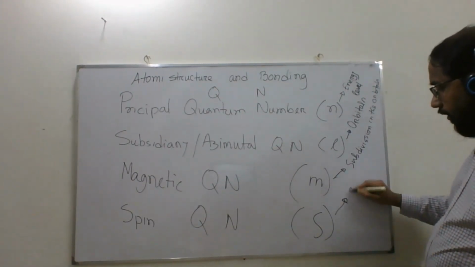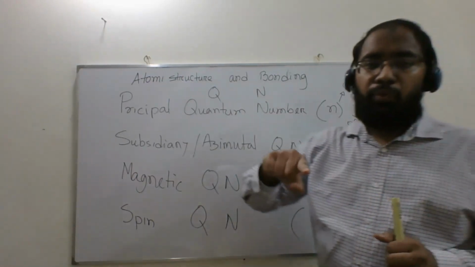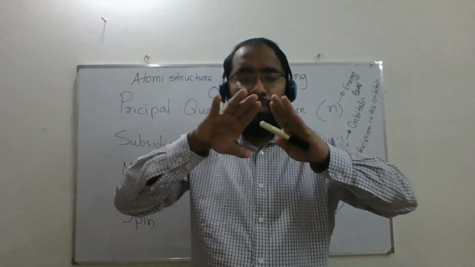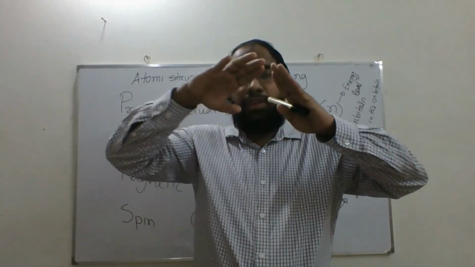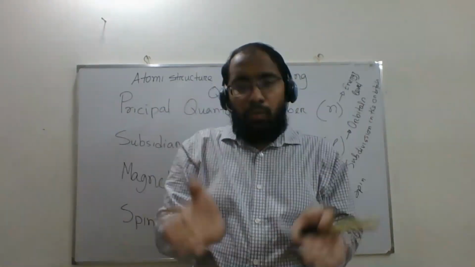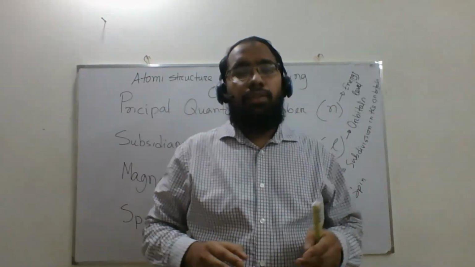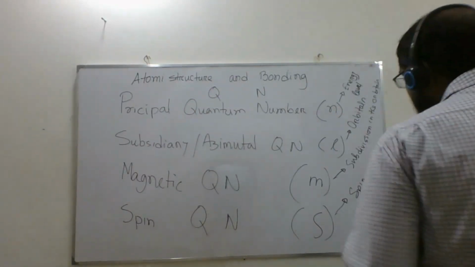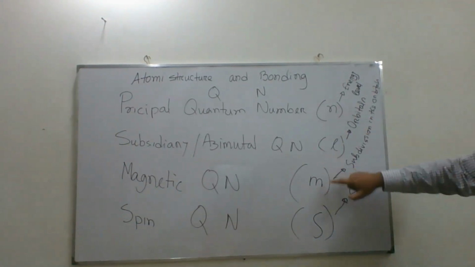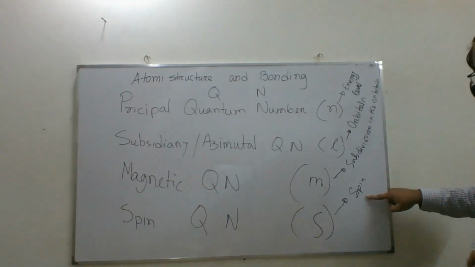And S is always said as spin. Spin means whether the electron is moving in this direction. We know the electron has only two directional movements, this direction or this direction, that means clockwise or anti-clockwise. So this is determined by the spin quantum number. So we have four different quantum numbers: N, L, M, and S. N means energy level, then orbital, subdivision in the orbital, and then spin.